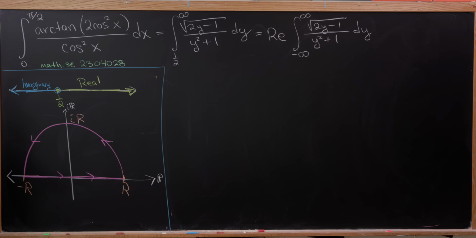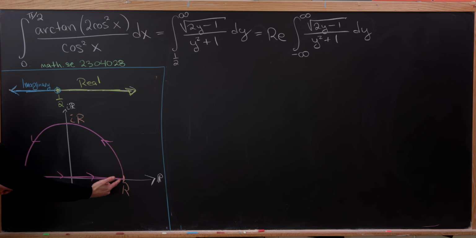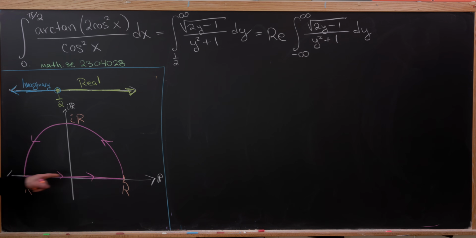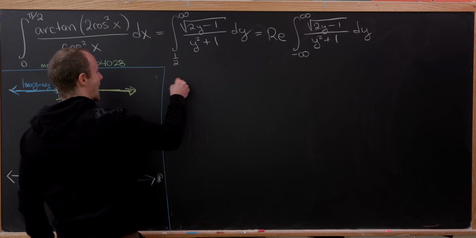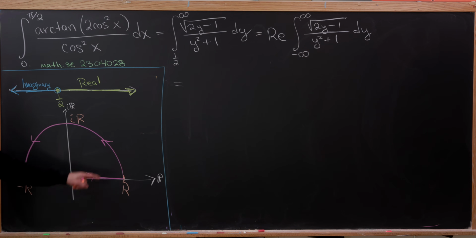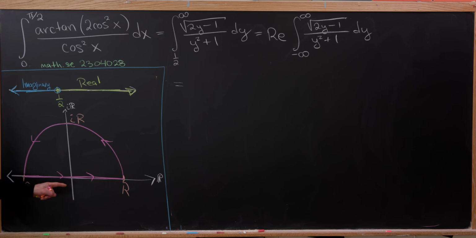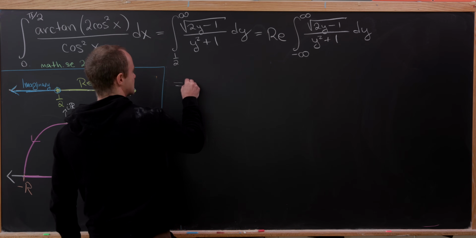But let's notice that our integral is the limit of the segment that lives along the real axis. So that means we can write our integral as the difference between what's happening around the entire contour and this extra arc here. Because if we take the difference of the entire contour and the extra arc, we get what's happening along the real line. So let's write it like that.